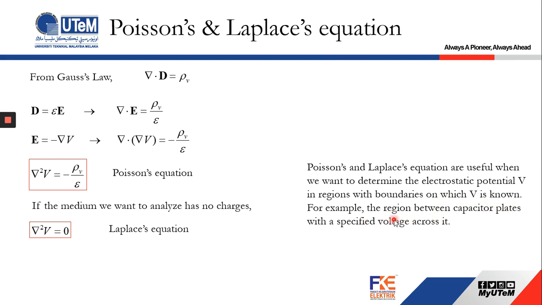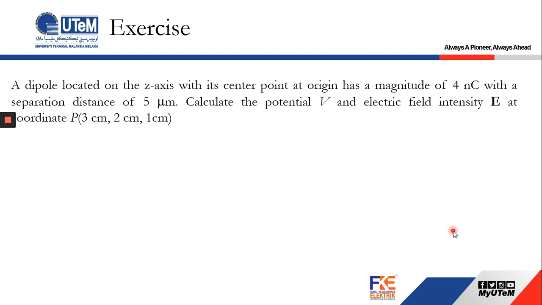For example, the region between capacitor plates with a specified voltage across it. So when we come to the topic of capacitors later on, we are going to revisit the concept of Poisson's and Laplace equation.